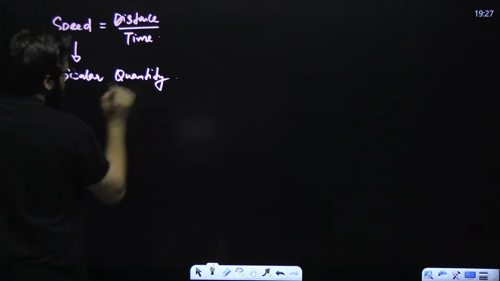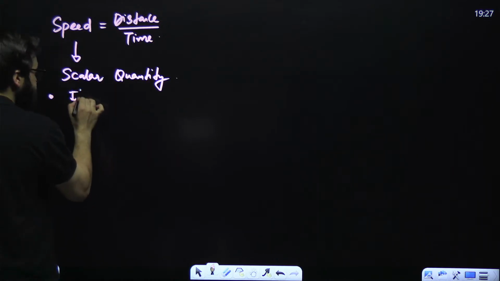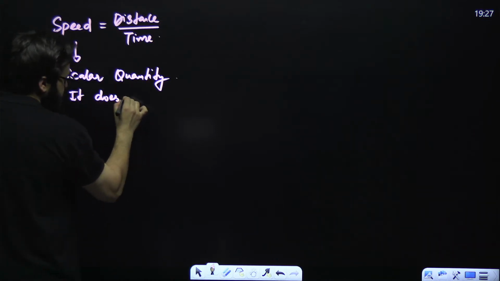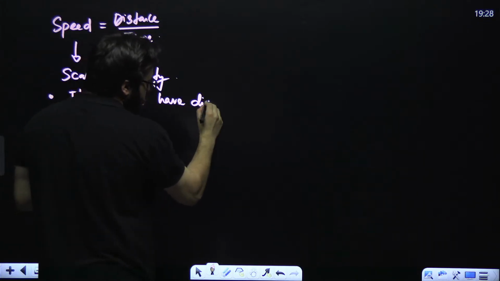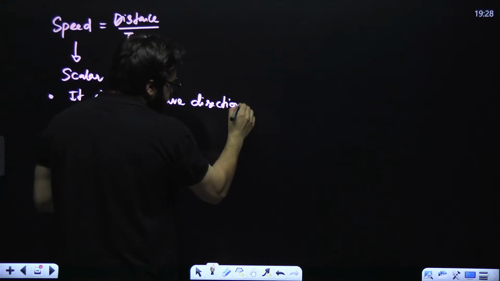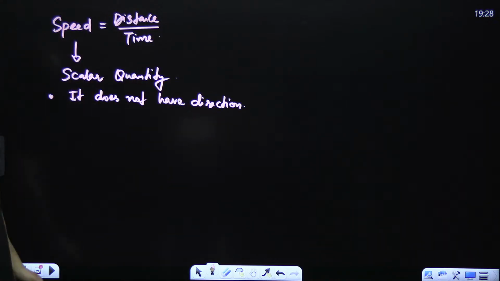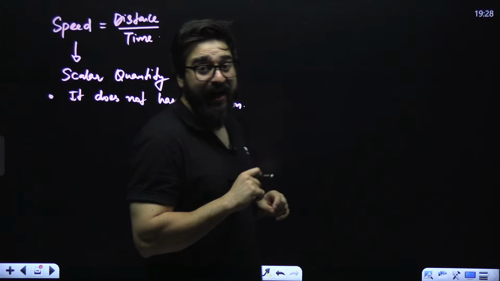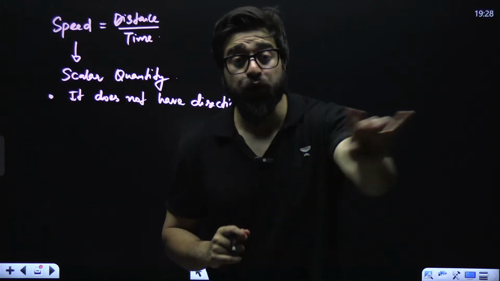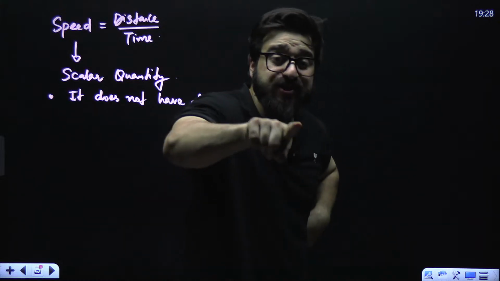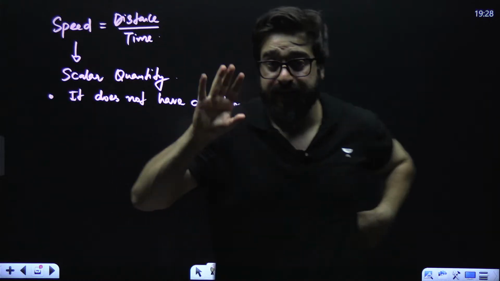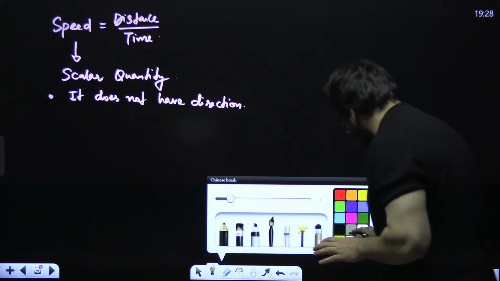And it does not have direction. So this speed does not have direction. Speed does not tell you in which direction the car is moving. Speed only tells you how fast the car is moving. Let me mention this point also.